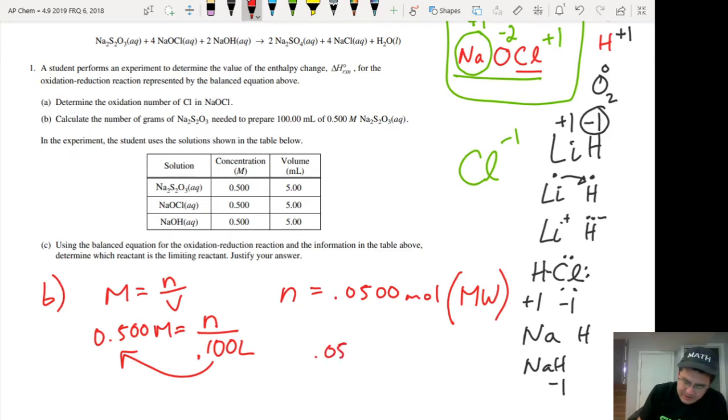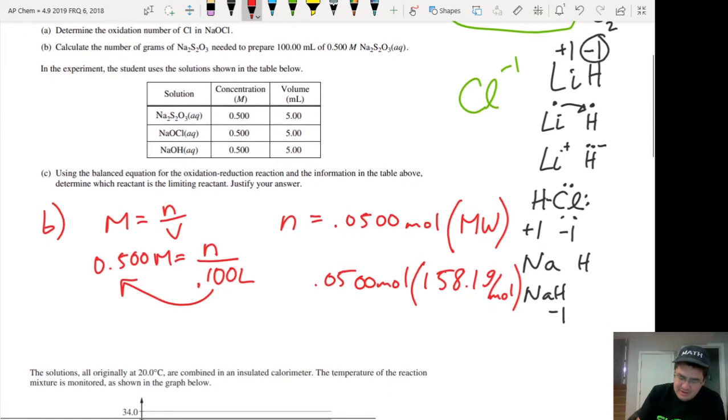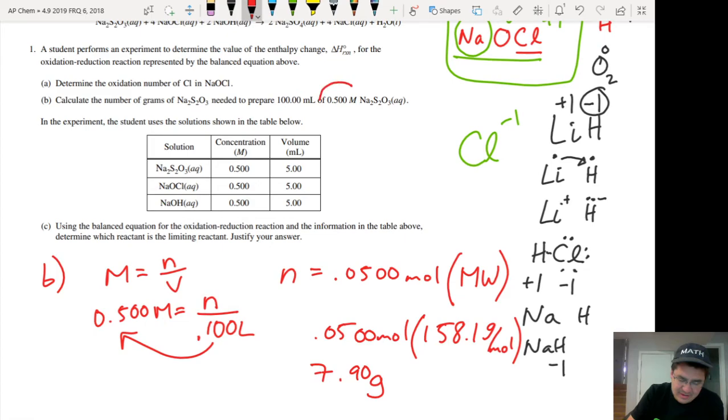So you take 0.05 moles times 158.1 grams per mole. And they say it comes out to 7.9 grams. When do they only use 2 sig figs? Sorry, 7.90. It should be 3. Good catch. And you just know that because the starting value has 0.50. So 7.90.